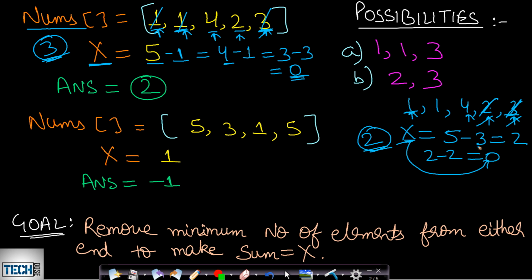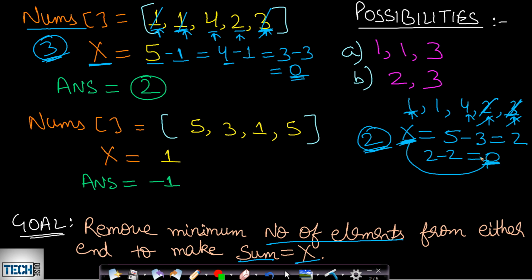So if there are some other possible steps as well, then we will be trying out all the possible paths, all the possible sequences, and we will have to return the minimum length of the sequence which will allow us to convert this number x to 0. Okay, so in this case, our goal is to remove the minimum number of elements from either end to make the sum equal to x, because we are basically subtracting the elements from the end from x so that it gets reduced to 0.